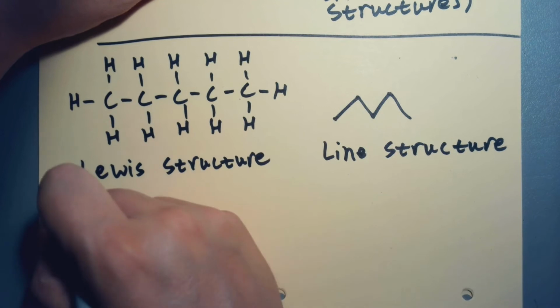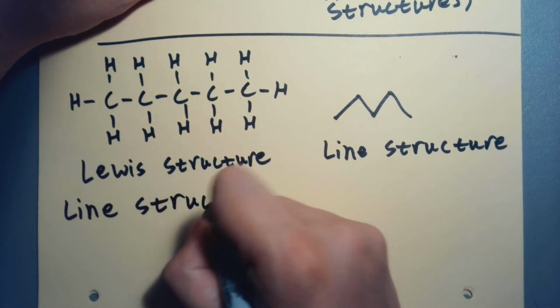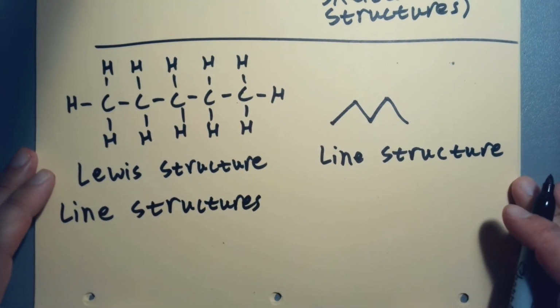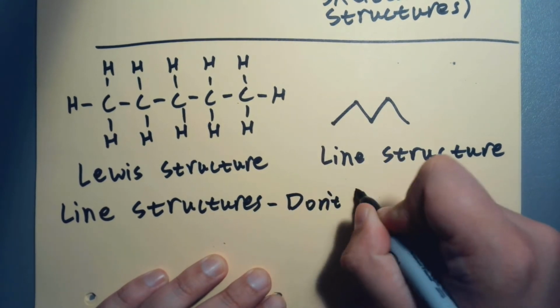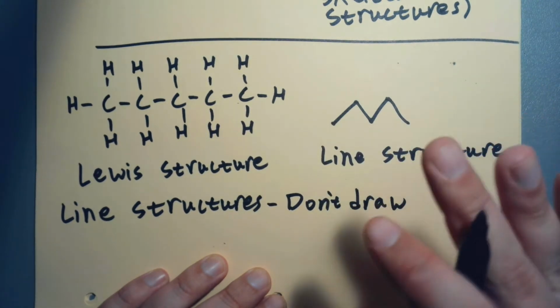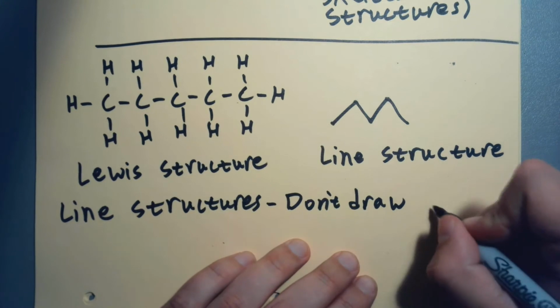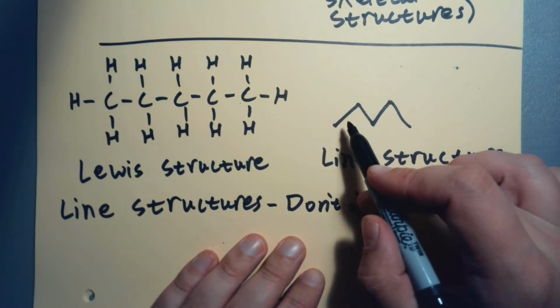So line structures are only going to show a couple things. We don't draw the hydrogens. Do you see any hydrogens in here? I sure hope not. If you do, clean your screen. I think you got some bugs on it or something. So we don't draw our hydrogens. We also don't explicitly write our carbons.